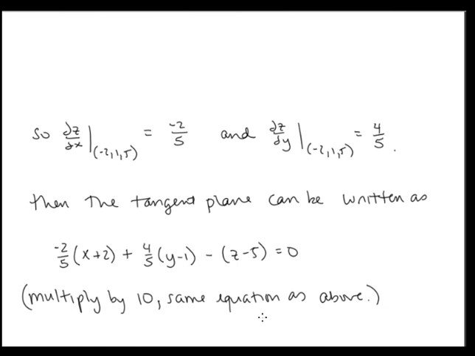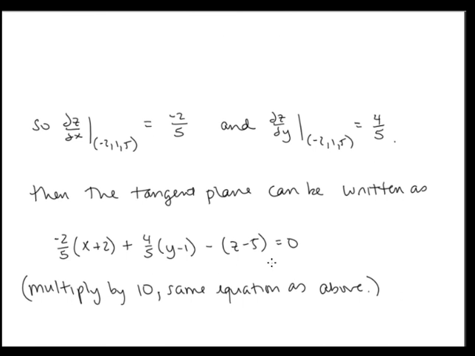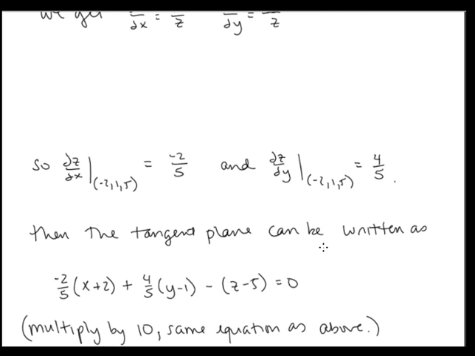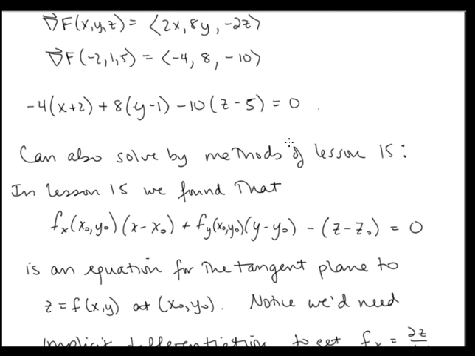Now notice, if we just multiply this equation by 10 on both sides, we get the same equation that we had above, which was negative 4 times (x plus 2), plus 8 times (y minus 1), minus 10 times (z minus 5) equals 0. Right, so it's a different form of the same equation. They both represent the tangent plane to the surface at that point.